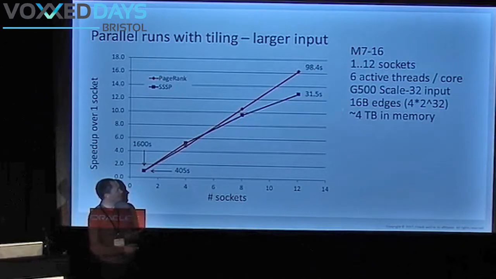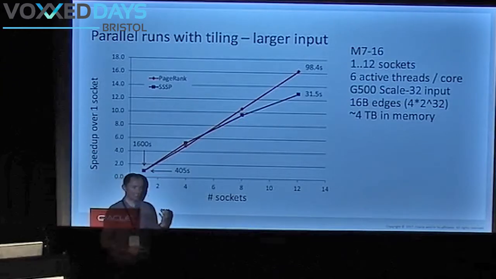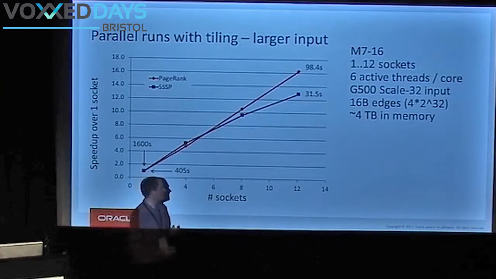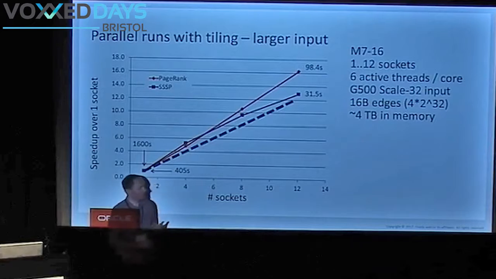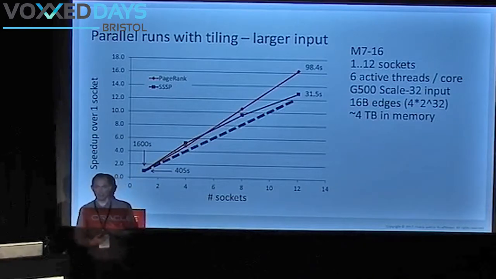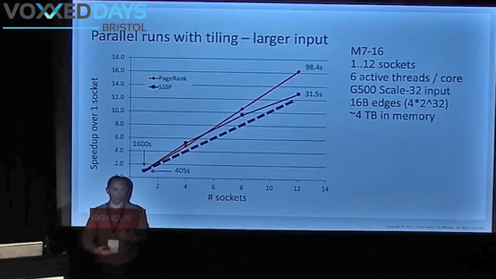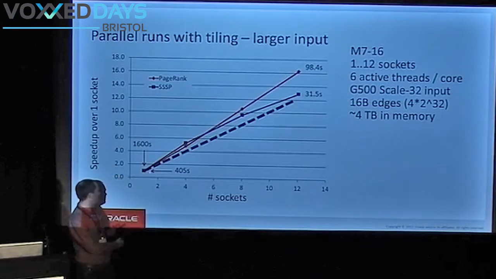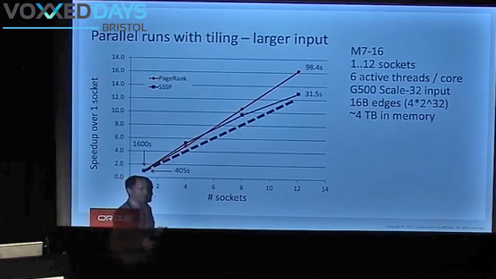We looked at a graph that was much bigger, so it needs 4 terabytes of memory rather than the smaller Scale 27 and Twitter data sets. And we were actually able to get a superlinear speed up as we add extra sockets of the workload. So we start with 1 socket and then look at performance at 2, 4 up to 12, which was the limit for some other internal constraints we were able to go to.